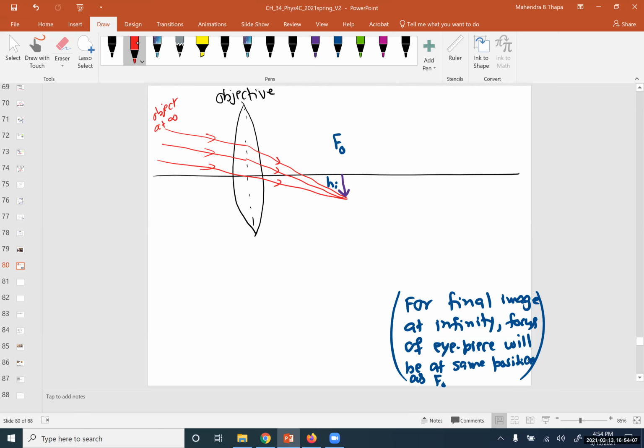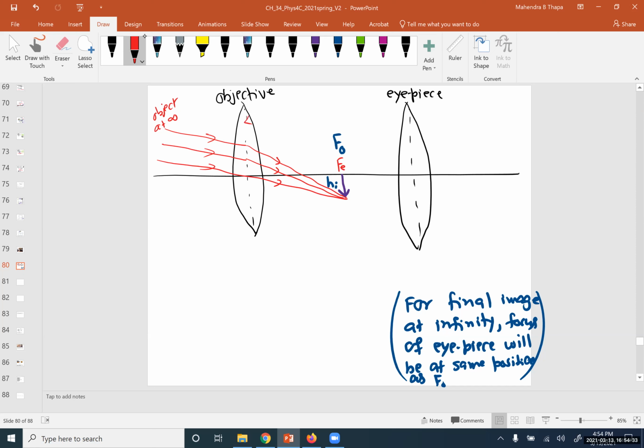I want the final image at infinity, so I will keep my other lens, the eyepiece, in such a way that the focus point of the eyepiece will also be at the same point.